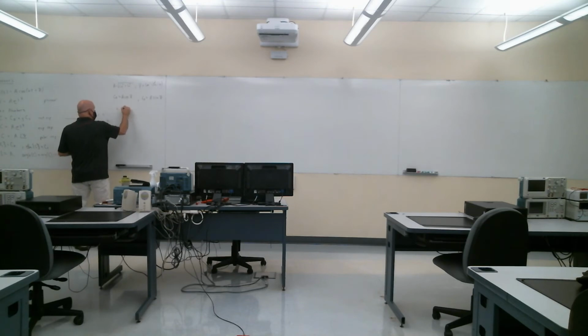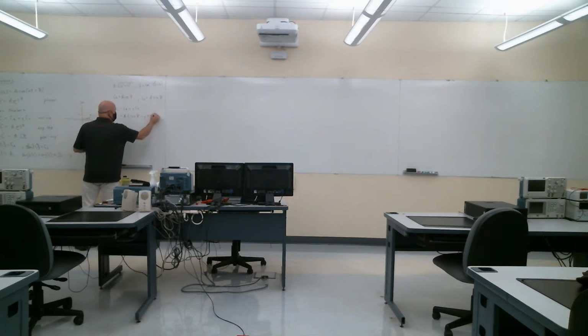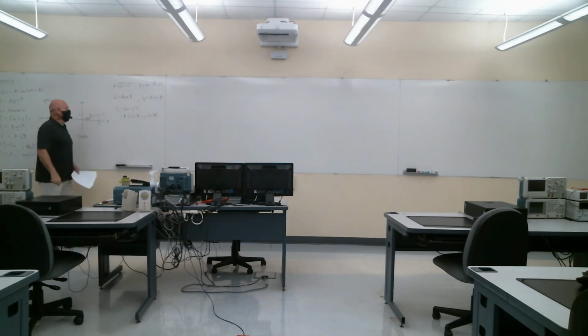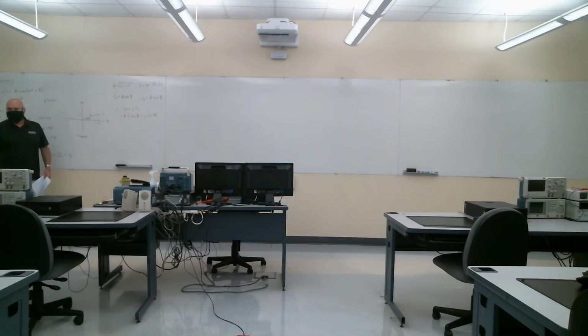So going back to this representation, we know we can write this as, I'm going to factor out the A, cosine psi plus j sine of psi, where I've just expressed CR and CI in terms of the amplitude and phase angle, right?